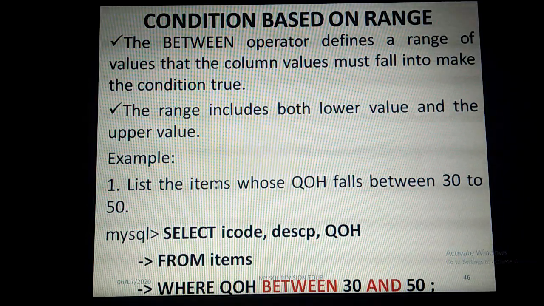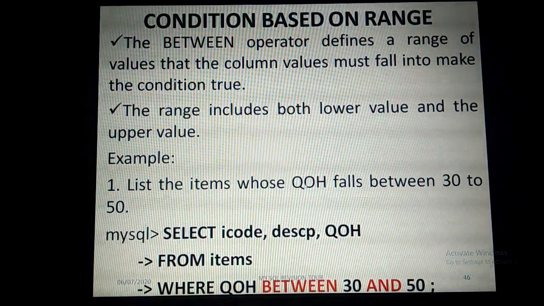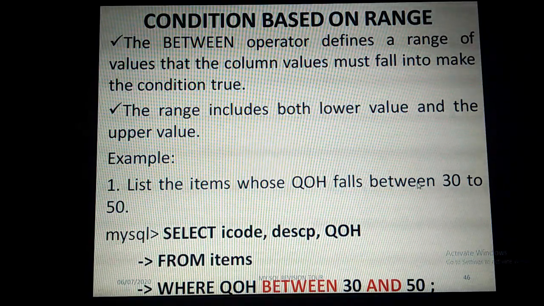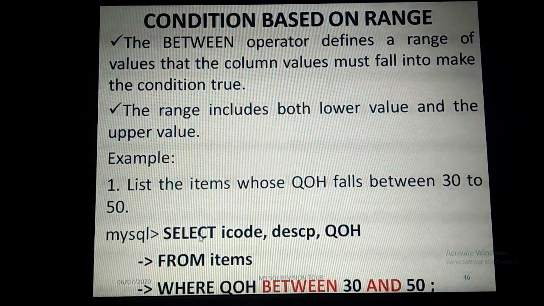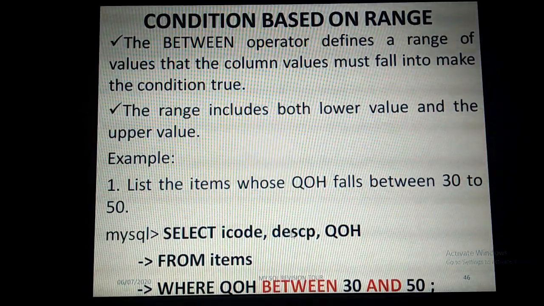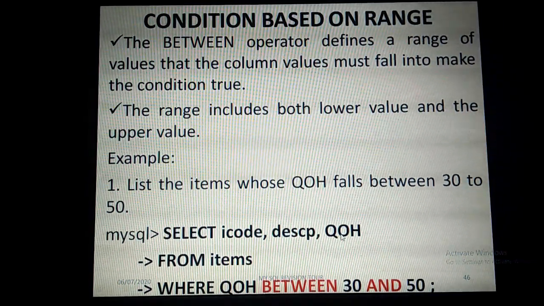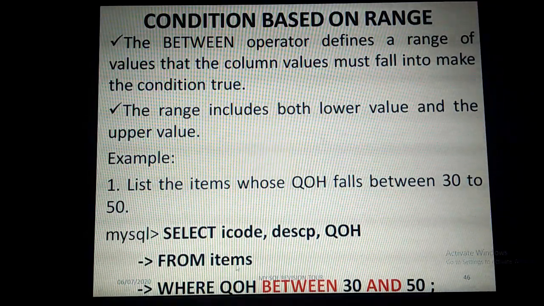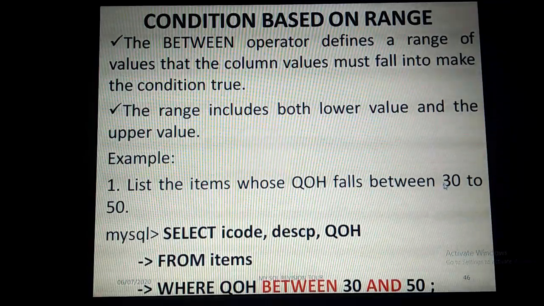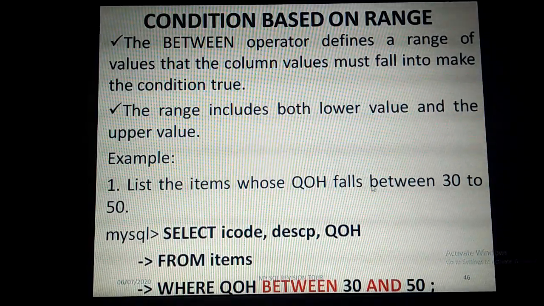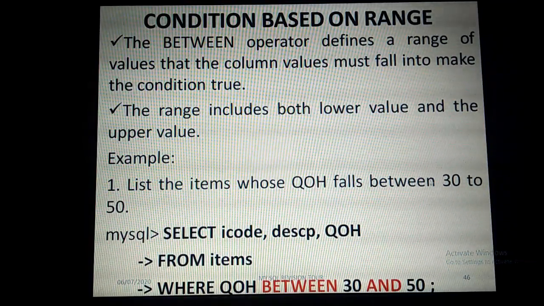Example: list the items whose QOH falls between 30 to 50. So items we need to display. What items are we going to display here? Select icode, descp, and then QOH is going to be displayed from items table, the condition is QOH should fall between 30 to 50. So here between, they have mentioned 30 and 50.